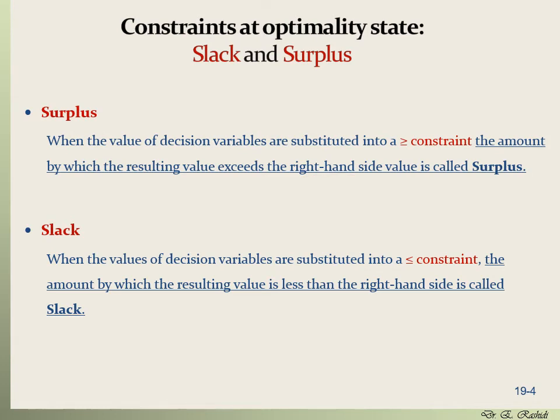If we have a less than or equal to constraint, for example, ax ≤ b, at the optimality state, if we substitute the decision variable by the value of the optimal decision variable, for the non-binding constraint, this is going to be a strict inequality.